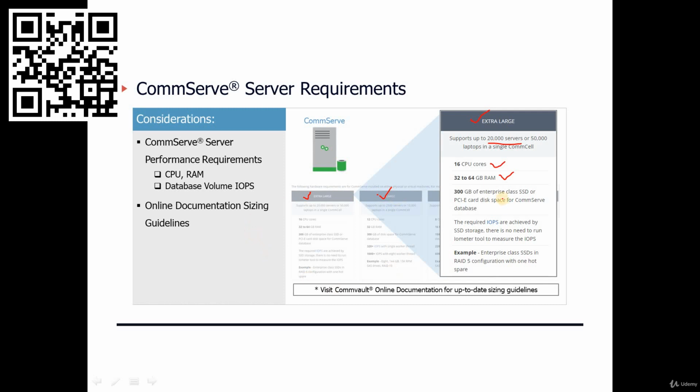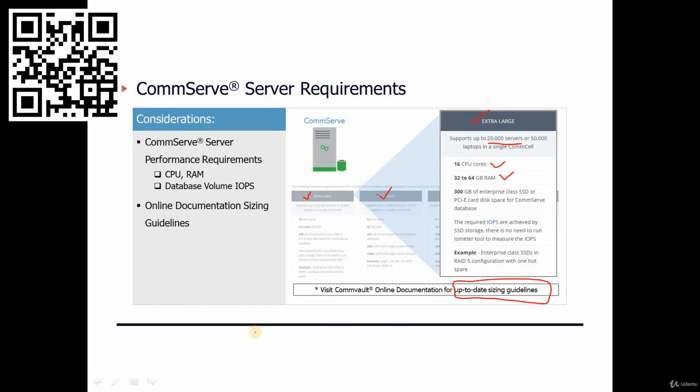If you go to the Commvault website, you will be able to see all these requirements that Commvault is suggesting to have a CommServe which can handle depending on how many servers and how many laptops you are backing up. So always I suggest to go ahead and look at the Commvault documentation for up-to-date information on the sizing guideline before planning for implementation.